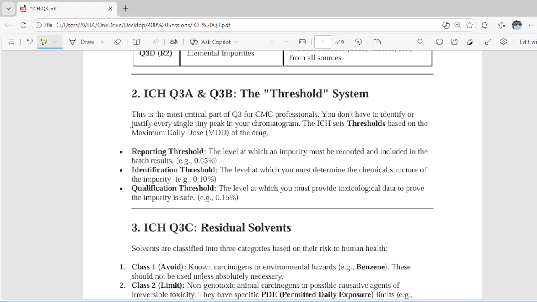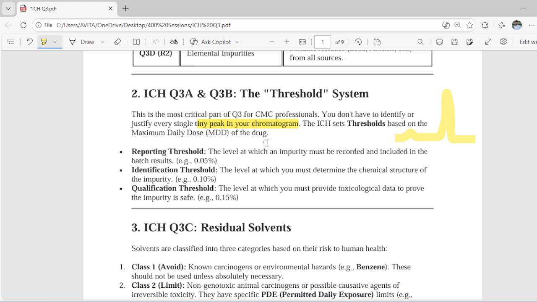So here they are trying to say, this is the most critical part for our CMC professional, and you don't have to identify or justify every single tiny peak in your chromatogram. Let's suppose there is one particular impurity, but its appearance is very low compared to your API.